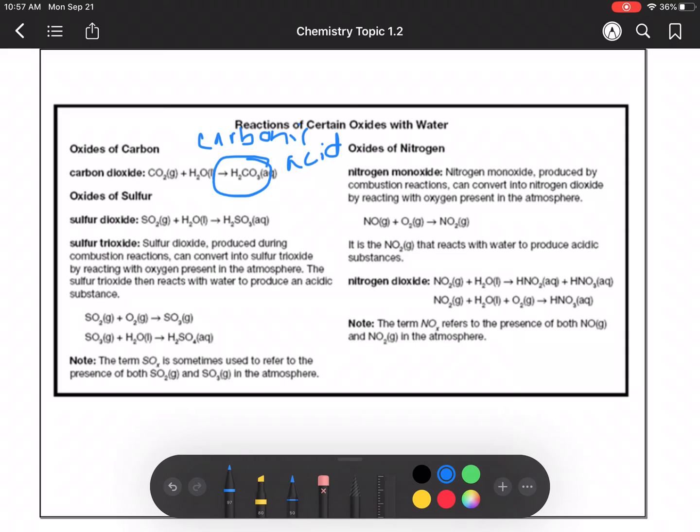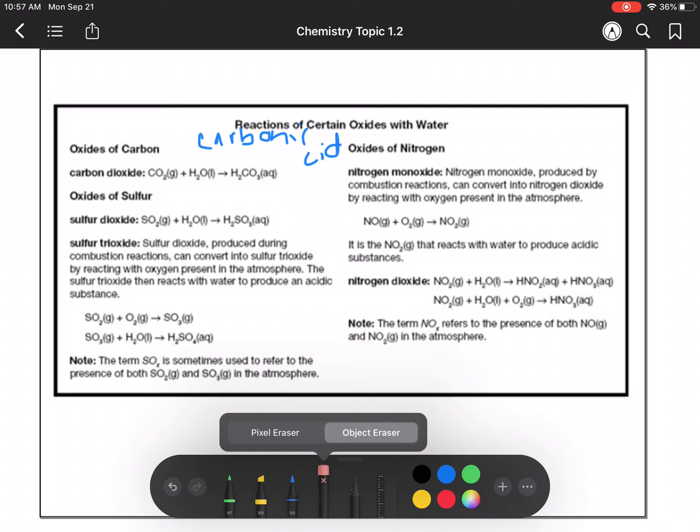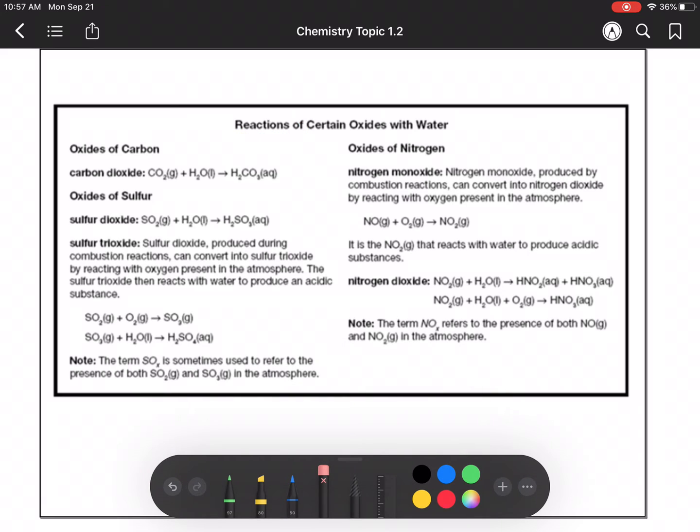If we look at our sulfurs, the sulfur dioxide that we release due to burning of fossil fuels and water can create this, which is sulfurous acid. I'm just going to erase that.